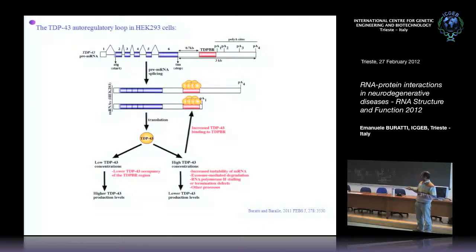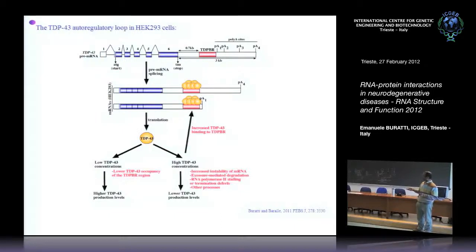If you have a lot of TDP-43 in the cell, then this TDP-43 will bind the TDP-43 binding region, and somehow get rid of the messenger RNAs, therefore decreasing the amount of TDP-43 in the cell. And of course, you have the opposite situation.